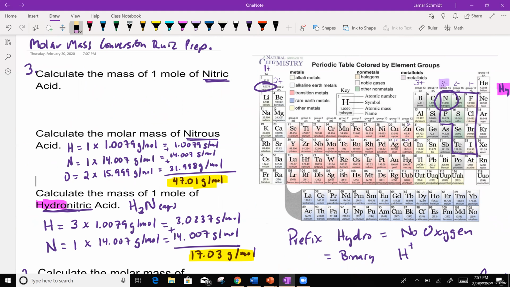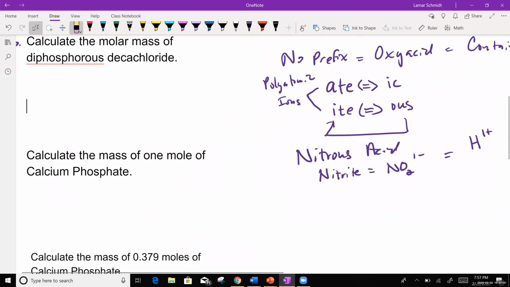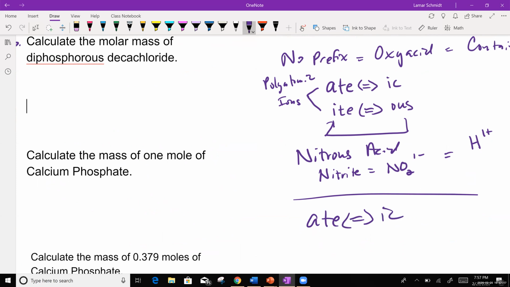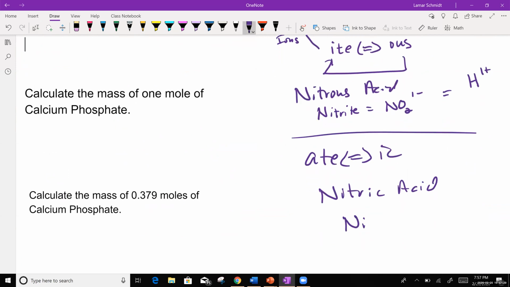Notice there is no prefix hydro, and we have the ending ic. And we can see that ic, ate, and ic are related. Ate is related to ic. So we have nitric acid. We're going to find the polyatomic that ends in ate. So we're going to find nitrate.